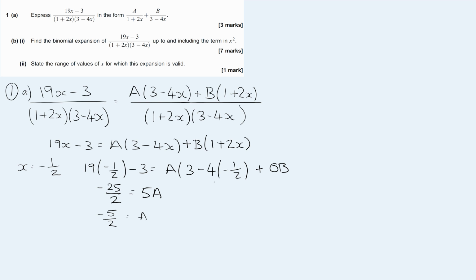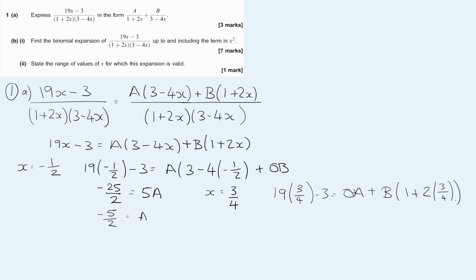So the second suitable value of x I'm going to choose is x equal to 3/4. So when I put 3/4 into here, I get 19 lots of 3/4 minus the 3. Now it's the A term that's equal to 0, and I'm just going to put 3/4 into the B term. So B lots of 1 plus 2 lots of 3/4.